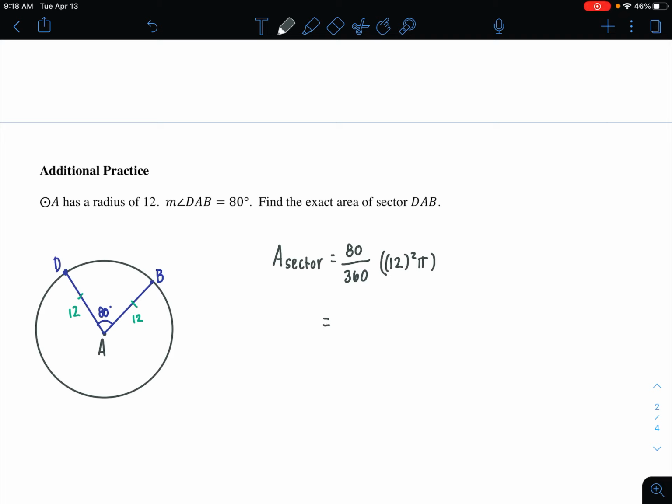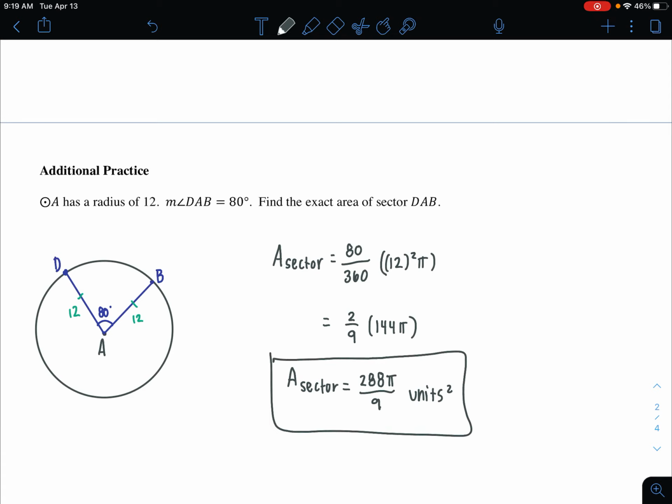So this will end up equaling 2 over 9 times 144 pi. After simplifying, we should get that the area of my sector is 288 pi over 9 units squared.